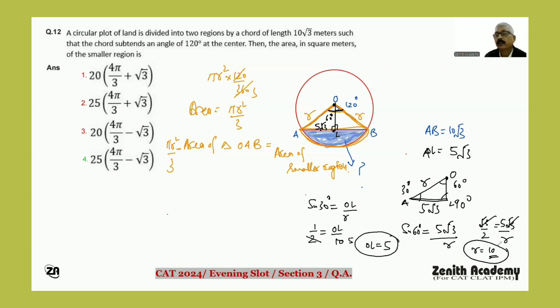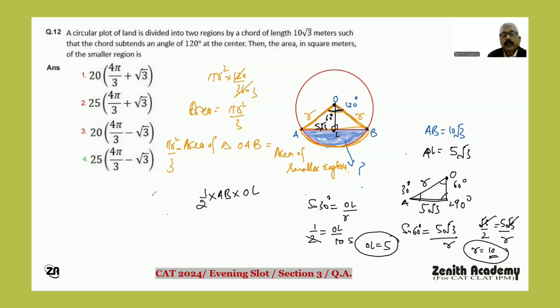This R is 10. So area of this triangle OAB is 1 by 2 into base AB, height is OL. Correct.